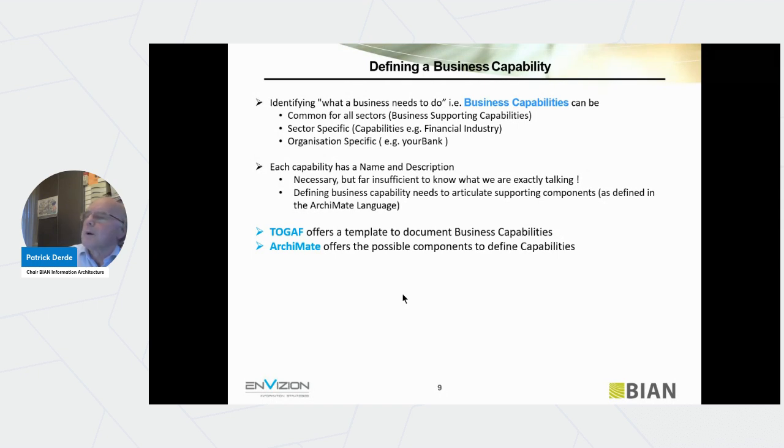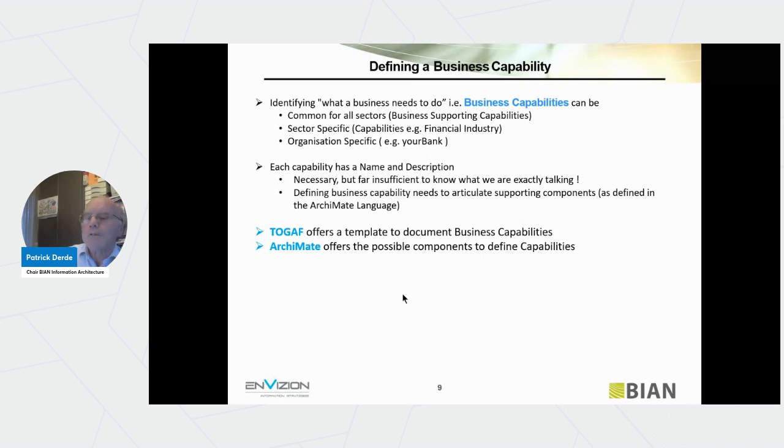TOGAF is saying, well, you have to define every capability by giving it a name and a description. But for having a real specific understanding of what it exactly is, only a name and a description is far insufficient. So we will have a need to make explicit when we are defining a capability. We give it a name, we give it a definition and a description.